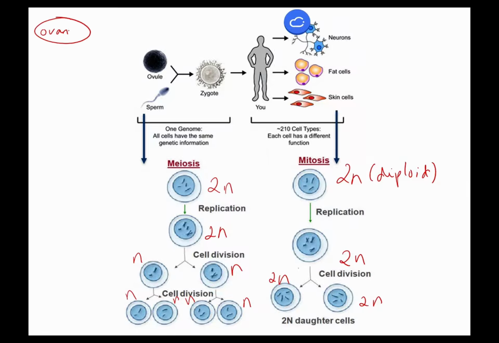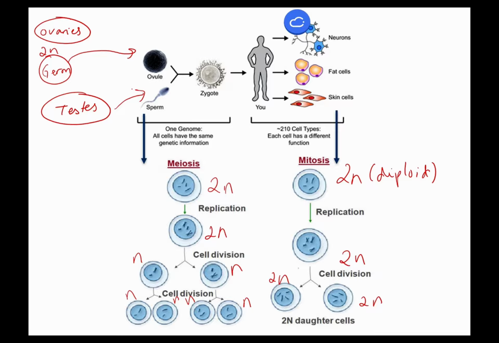So females have ovaries, males have testes, and within these reproductive organs, you have these cells called germ cells, G-E-R-M, and these are 2N. So in the ovaries, you'll produce the egg, testes, the sperm.